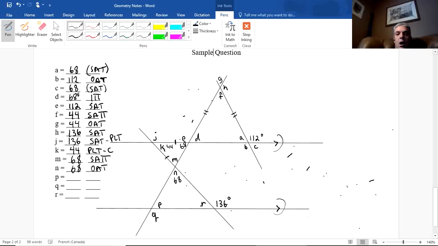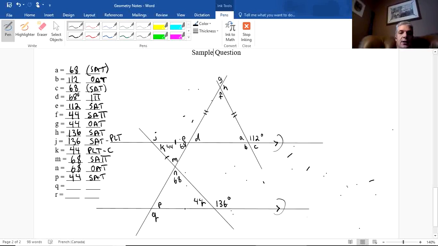So R we can do by supplementary angle theorem from 136. So again, 180 minus 136, and I believe that's going to be 44 again, and it is, so that's 44, and it's SAT, supplementary angle theorem, that tells us that. Now we have 44 here.